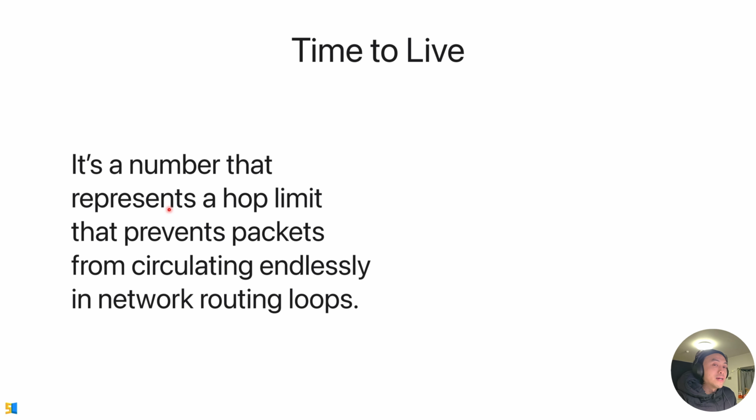Time to live is basically just a number, a limit of hops. It's a number that represents a hop limit that prevents packages from circulating endlessly in network routing loops. So it's just a number. When the package travels to a layer 3 device like a router, the TTL number will be decreased by 1.